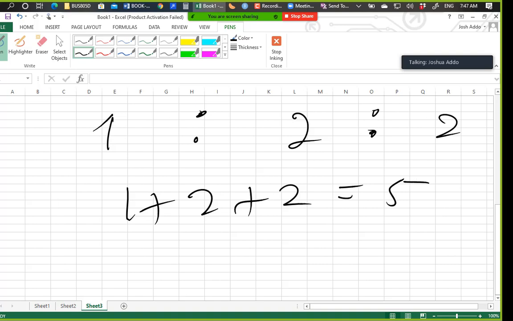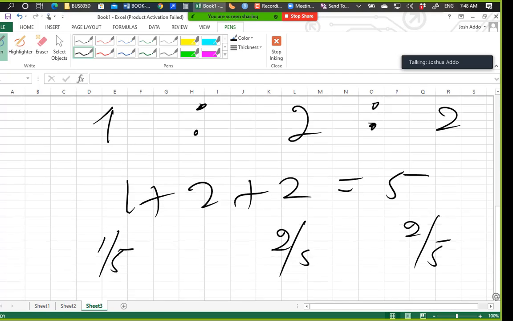So the share of this total from any one of them, if you take Sobolo, is 1/5 of the total. If you take bread, it is 2/5 of the total. If you take biscuit, it is also 2/5 of the total. So the total as a fraction of itself will be 5/5, which is 1. So that's the total ratio. In terms of percentage, that will be 100.